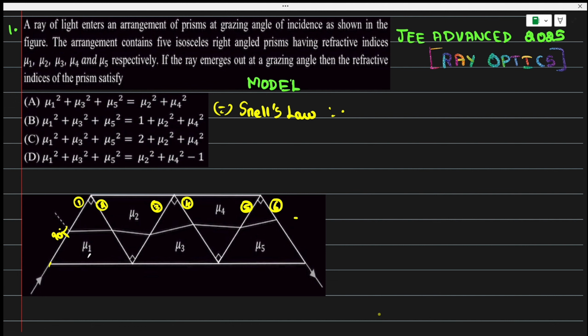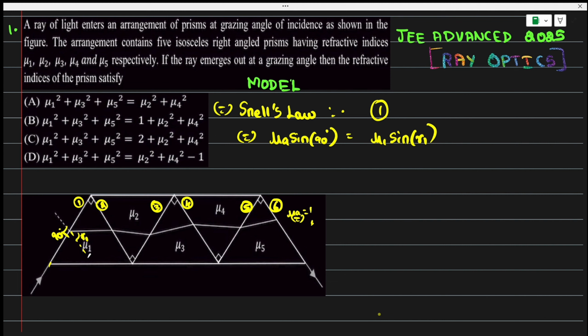I'm taking the refractive index of air as 1 to make the calculations easier and faster. Now mu_a into sine of 90 degrees, applying Snell's law for surface 1, is equal to mu1 into sine of r1.